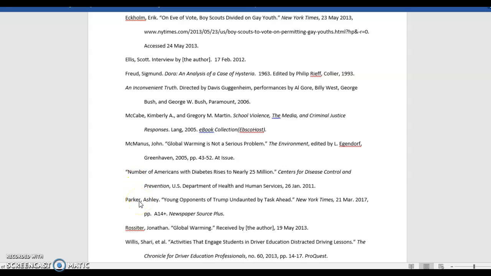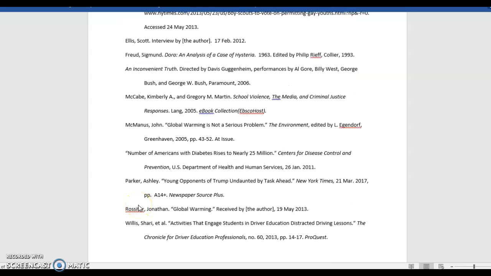Then, next one, we have another newspaper article. This time, instead of coming from a website, it comes from one of our databases. It operates very similarly to the first example. Author, period, the article in quotation marks, period, New York Times, comma, date, comma. In this example, we did have access to at least one page number, A14.